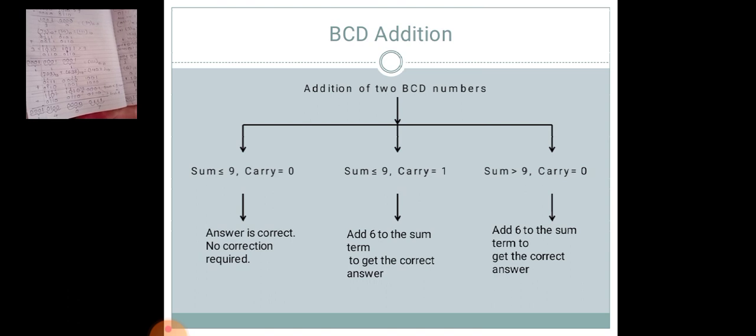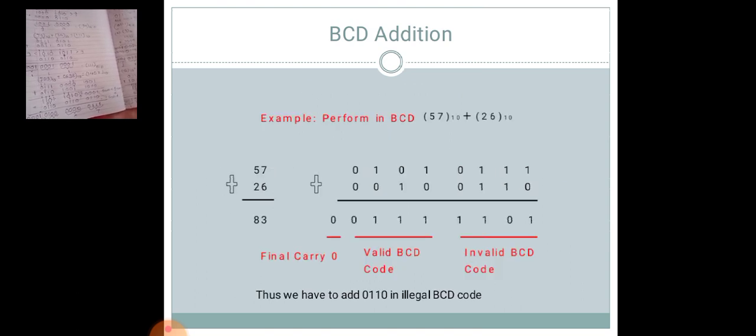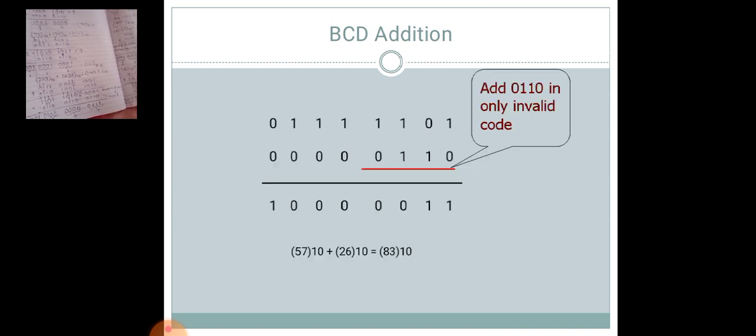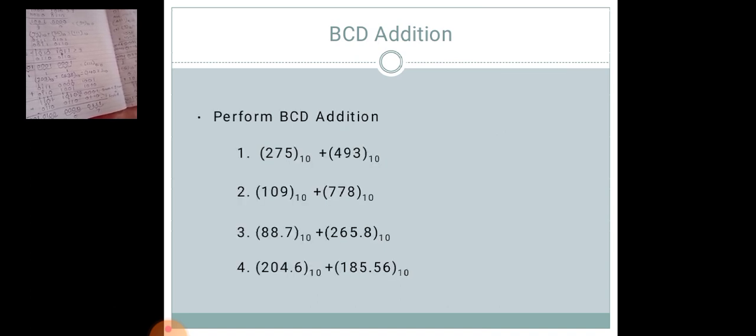So the BCD addition rules are given on your screen. Go through that rule and then perform the BCD addition. So here one example is given for your reference in the slide. Here how invalid BCD is handled is shown in this slide.